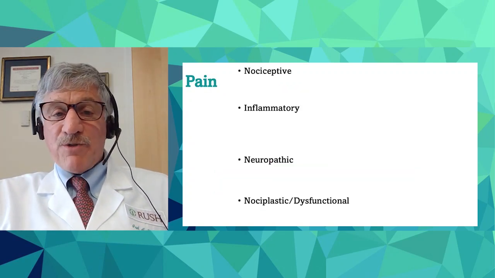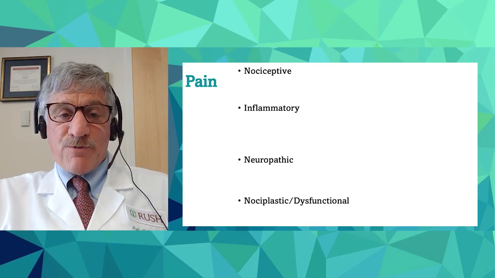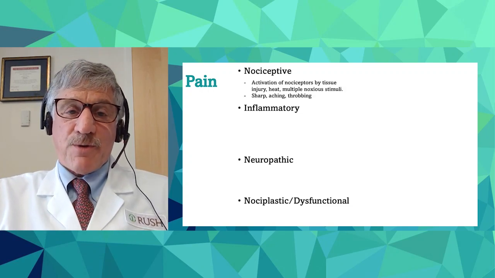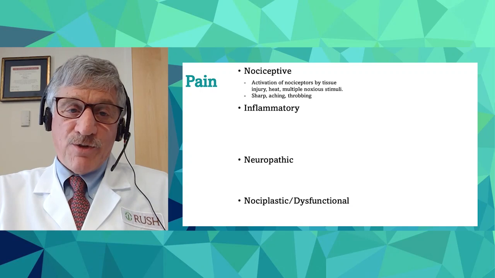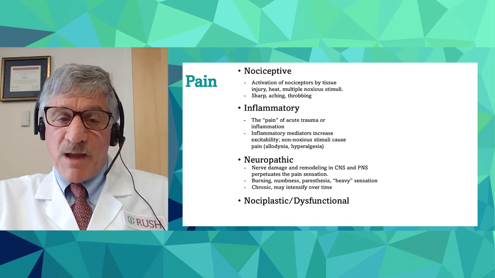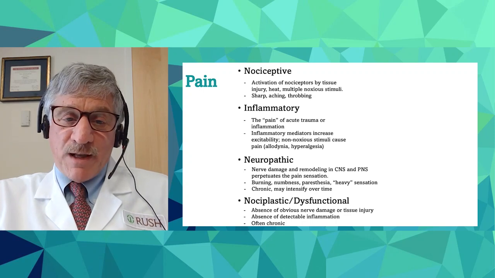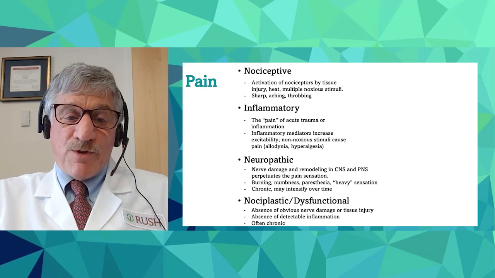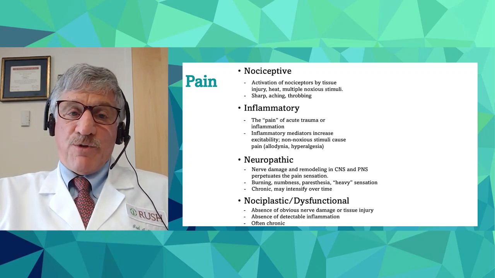Now, as I mentioned earlier, there are many different kinds of pain. Nociceptive pain is the classic pain of injury: sharp, aching, throbbing. Inflammatory pain, of course, neuropathic pain with nerve damage, and nociplastic pain, where there's no damage and no inflammation and often becomes chronic.